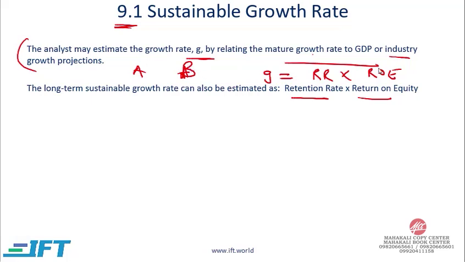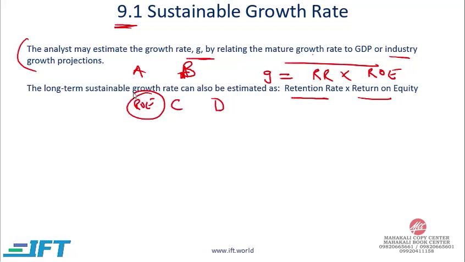Also, once the money is retained, let's say now we have another situation where you have C and D. Both companies retain 80% of their earnings, so the retention ratio is the same. But ROE of company C is much higher. In other words, the return on the money invested is higher. The company with the higher ROE is also likely to grow faster.